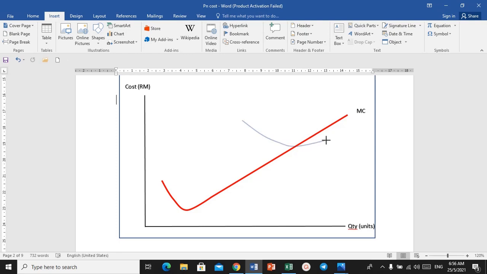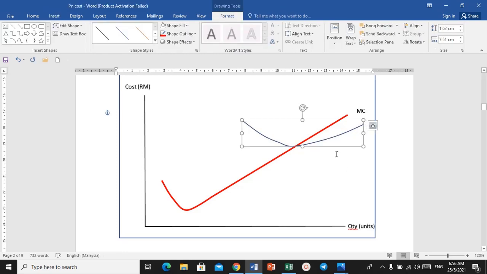Once it touches the MC curve, bring it up, more like a hyperbola, slightly curved.